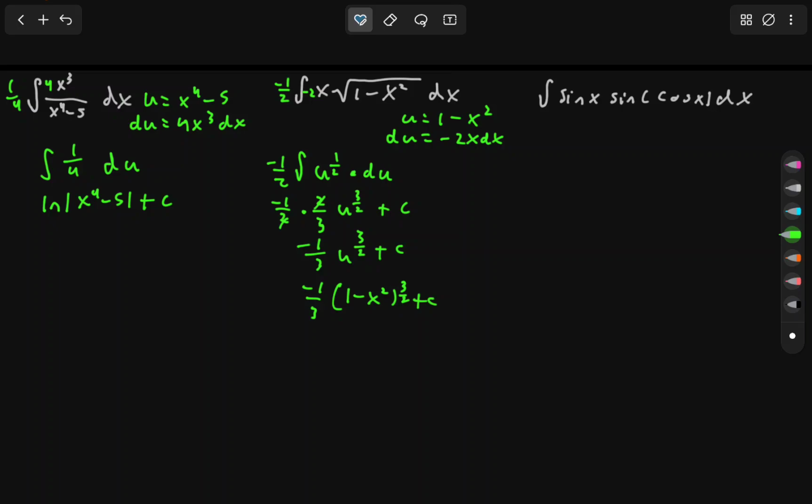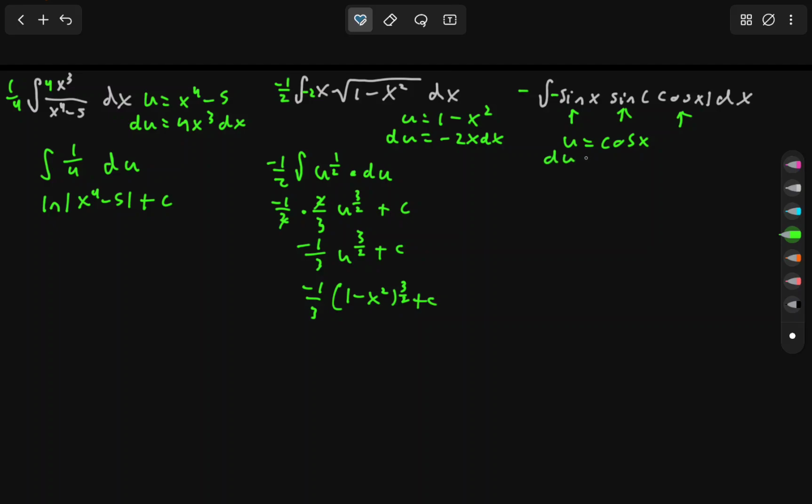Finally, for this last integral, I think this one is a small bit easier to see. What is the u and what is the du? This is our outside function here. This is the inside function. And then you can see that this is going to be the derivative of the inside function, except it's missing a negative. So we're going to say our u is actually going to be cosine of x.